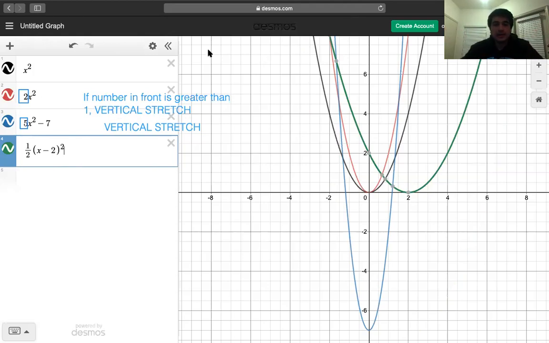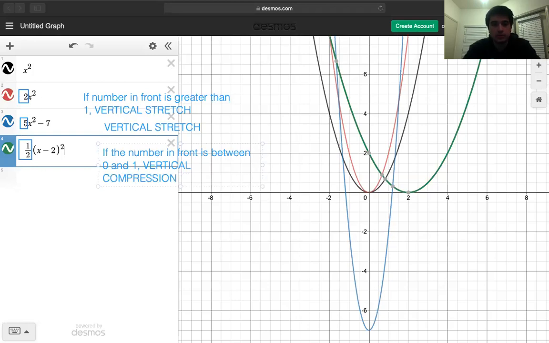So the way to tell that is since the number in front is between 0 and 1, okay? So I'm gonna type that out. So if the number in front is between 0 and 1, that is a vertical compression, okay?